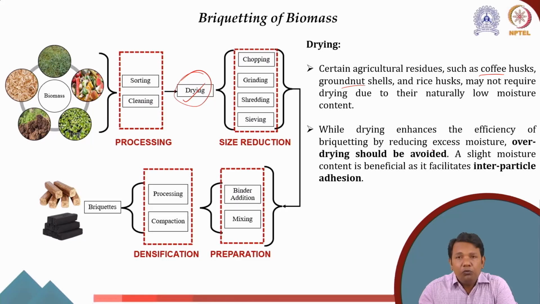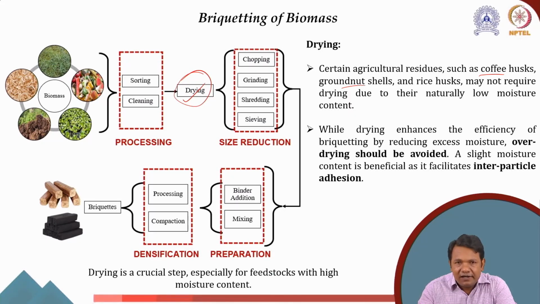However, we don't do complete drying. The reason is a small amount of moisture is very important and very beneficial for interparticle adhesion. So in a nutshell, drying is a very crucial step, especially for feedstock with high moisture content. In some cases, we may not require it, as I said, like coffee husk, groundnut shell or rice husk.